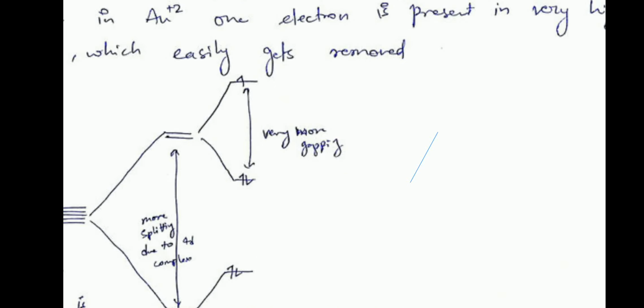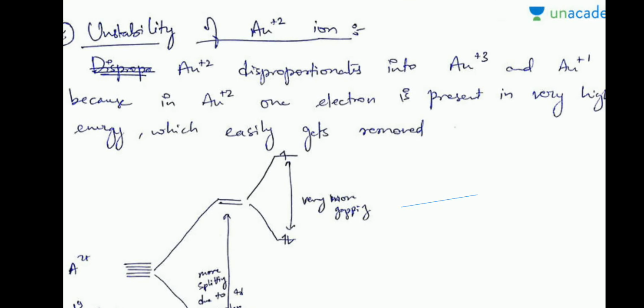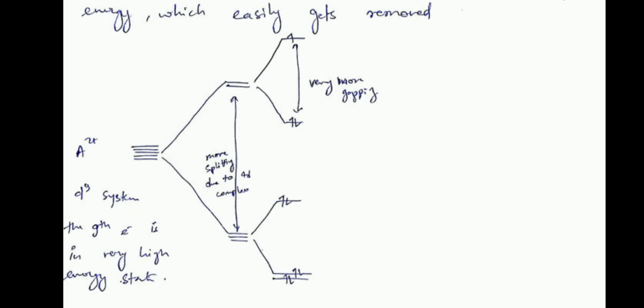The third one is the instability of the gold plus 2 ion. Gold is not formed as a plus 2 ion. You don't get a di-positive ion of gold; you either get a tri-positive ion or a mono-positive ion. The reason is that after Jahn-Teller distortion your orbitals split, and for gold plus 2 you have to fill 9 electrons.